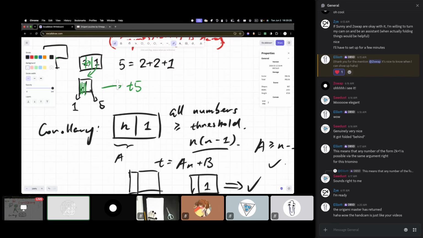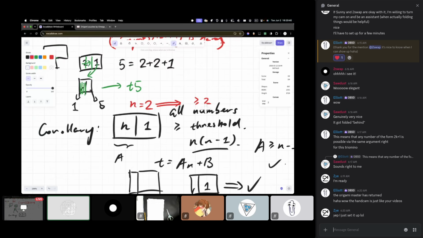And in this specific case, n is going to be equal to 2, which means that I can automatically construct all numbers which are greater than or equal to 2, which is exactly what we need. And that means that it is done.